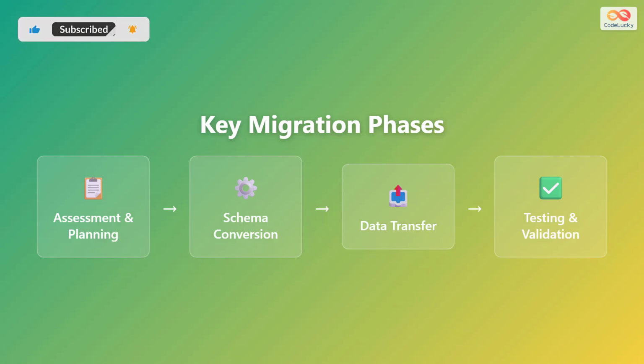Third, data transfer is the actual movement of your data from source to target. This can happen in batches or through continuous replication depending on your chosen approach. Finally, testing and validation ensures everything works correctly. You verify data accuracy, test application connectivity, check performance, and confirm that all business processes function properly in the new environment.